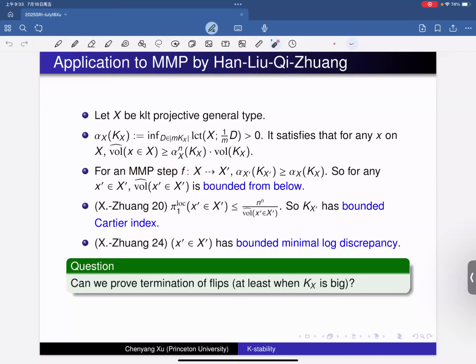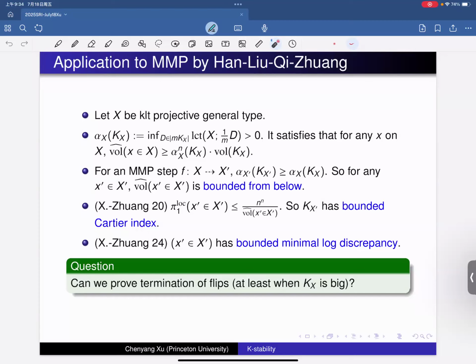We have studied MMP for many years, and previously the most popular invariant attached to it is the MLD, and we know MLD has some monotonicity. Here we don't. The normalized volume might not have monotonicity, but it at least has some kind of boundedness. And this boundedness will actually give you many other boundedness results.